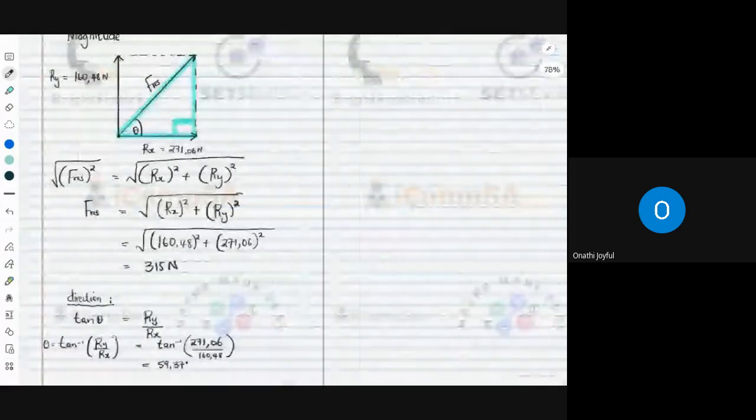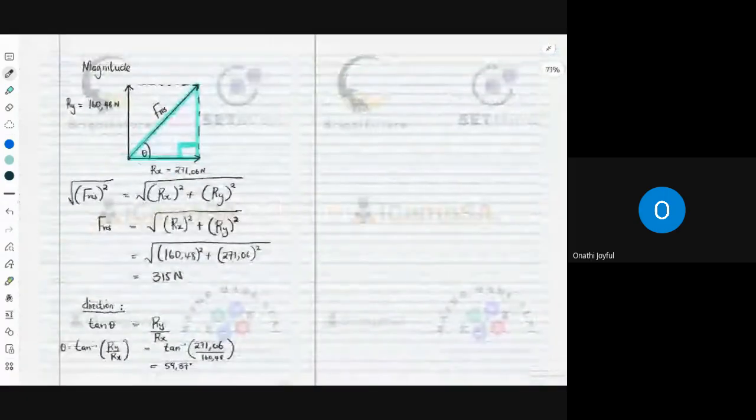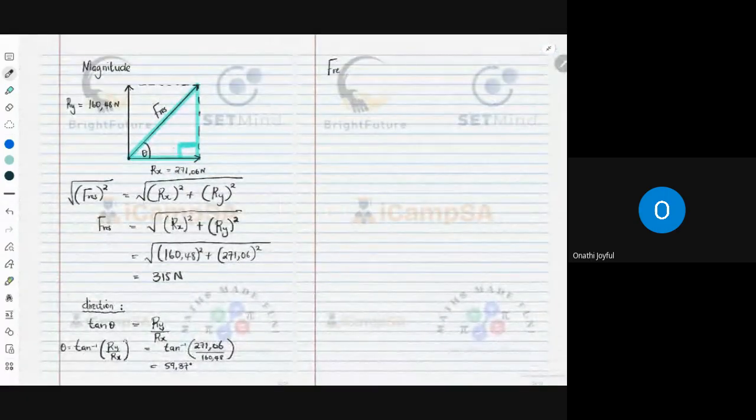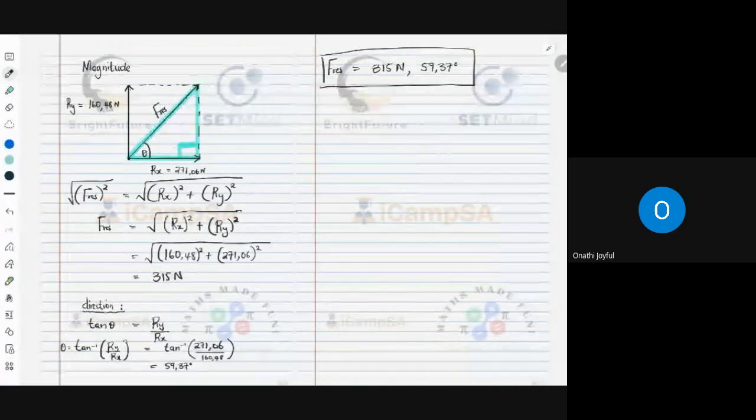Okay, now let's write our full answer. It means F_res is simply 315 newtons, and then our direction is 59.37 degrees. So this is how you write the resultant or the full answer or our resultant vector.